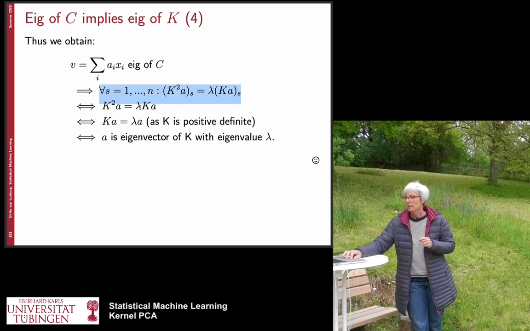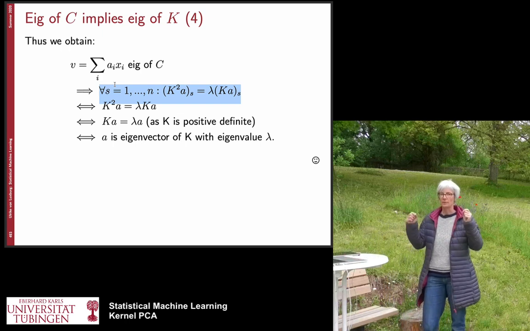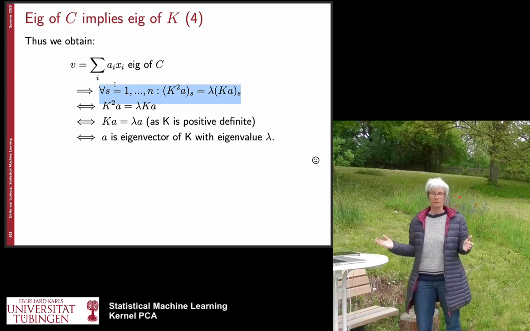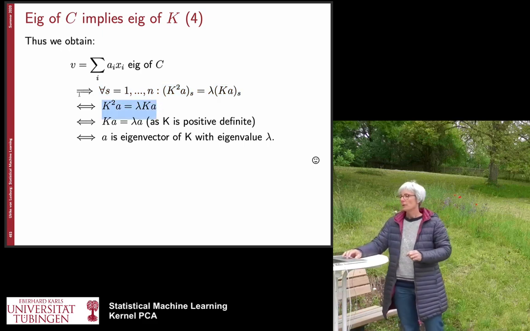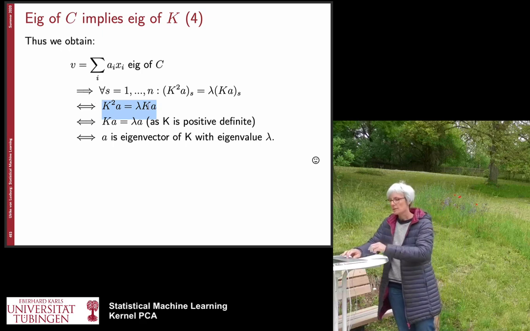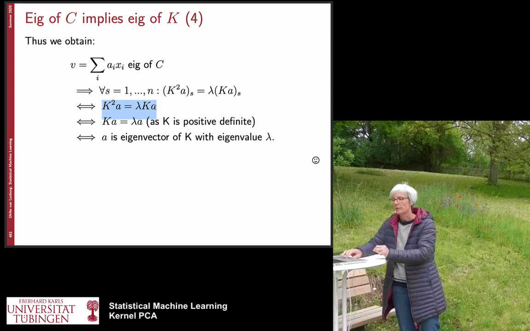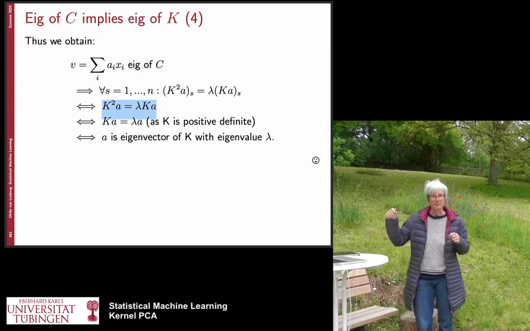And in matrix notation, we have that for all s from 1 to n, so for all coordinates, the identity holds, so the identity also holds for the vectors themselves. Observe k square a is a vector of n dimensions, and the same holds here. So these vectors are the same. And now comes one important step.